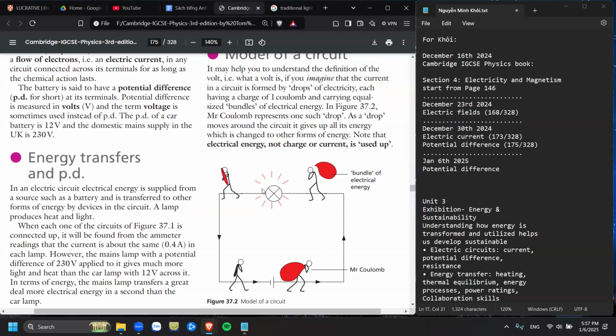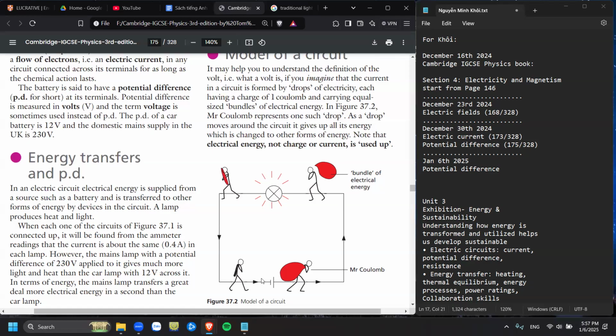And as Mr. Coulomb passes through the lamp, it takes away a lot of electrical energy. So now he has only a little left, and then he returns to the battery with nothing. It's a way to look at it, okay?